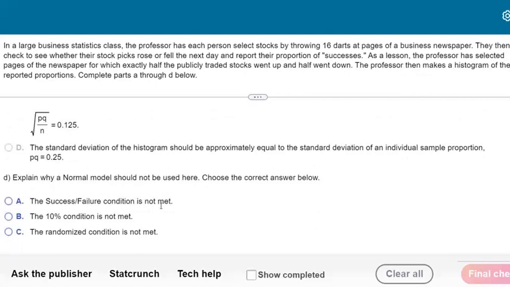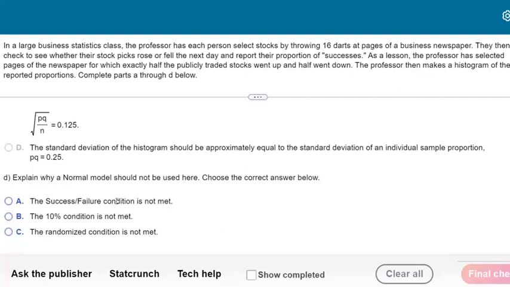Explain why a normal model should not be used here. Okay, so at the beginning, the first thing my mind thought is, we've only got 16 samples. So that's not a lot, okay? You usually have to have something more like 30 or more to assume that it's normally distributed. But let's go through each of these. The success-failure condition is not met.